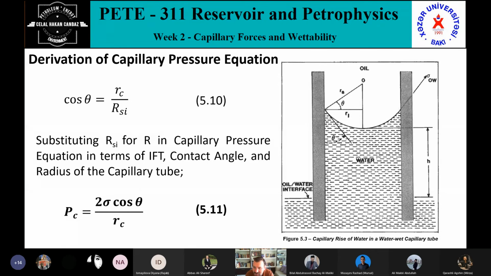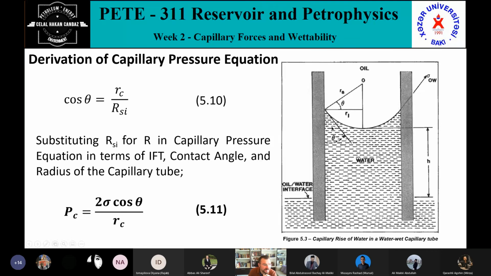The radius of the spherical interface is larger than the radius of the capillary, and the two radii are related by the cosine of the contact angle, which I call theta. As you can see here, this is my theta, and this will be theta too.